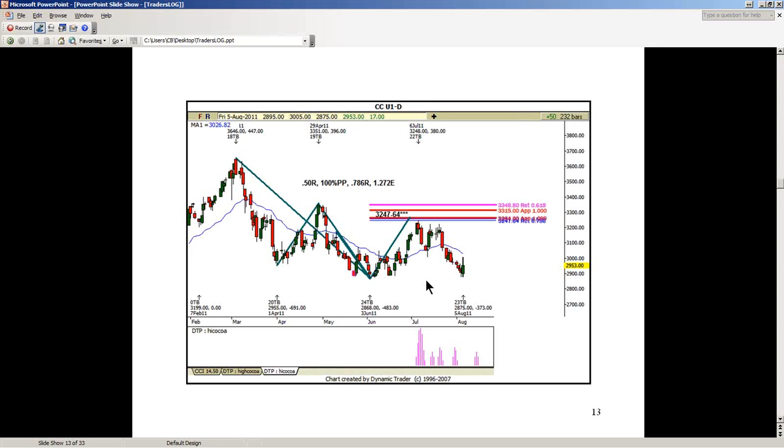But what you need to do to filter out the trade setups that are probably not going to play out is use triggers, and also some people will use certain types of filters, such as being above or below a moving average, that type of thing. But the trigger to me is the most important.